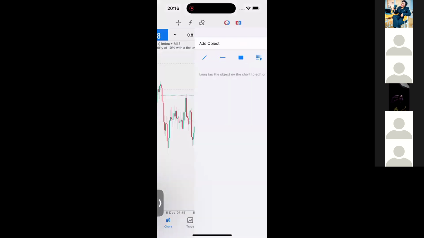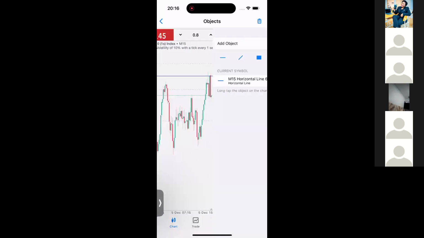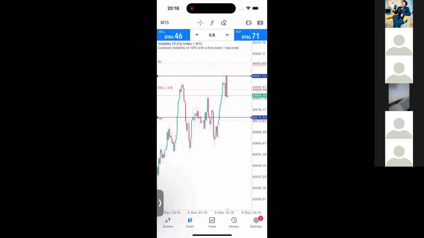It means I should be able to buy from this particular price here, which is 8990, just like we said, 8990 to 8996. When the price of the market is around this price range, 8990 and 8996, I should sell.